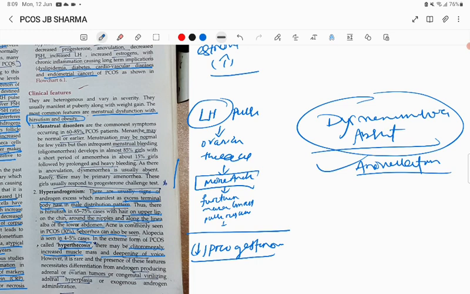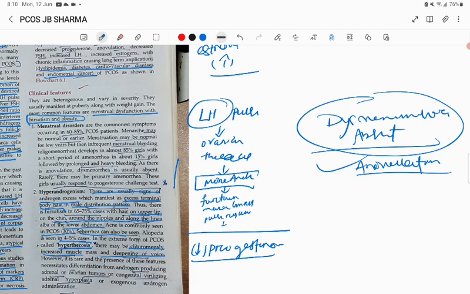The presence of clitoromegaly and increased muscle mass points more towards androgen-producing adrenal or ovarian tumors. Androgen can be produced by the adrenal, so it can be adrenal tumors, or by the ovary, so it can be ovarian tumors, or congenital virilizing adrenal hyperplasia, or the patient may be taking exogenous androgen.